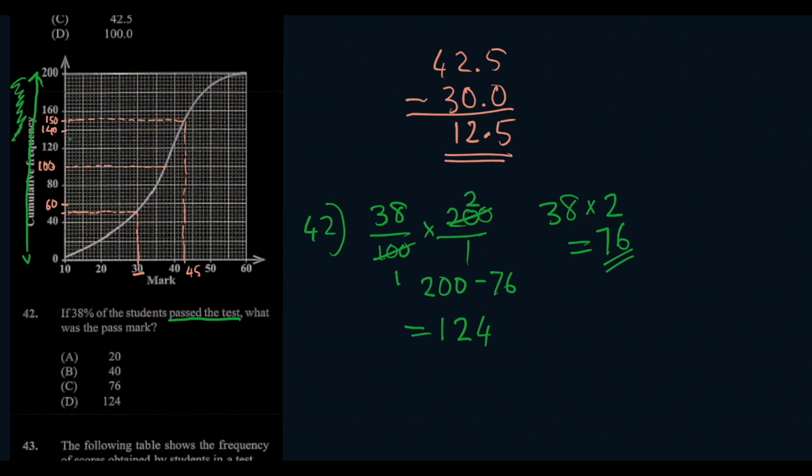So therefore, 124 coming from here, we would hit here because we expect that everybody above this passed. Okay, so everybody above that passed. So likewise, once we come down here now, we know that everybody who got above this score would have passed. So the pass mark had to be 40.